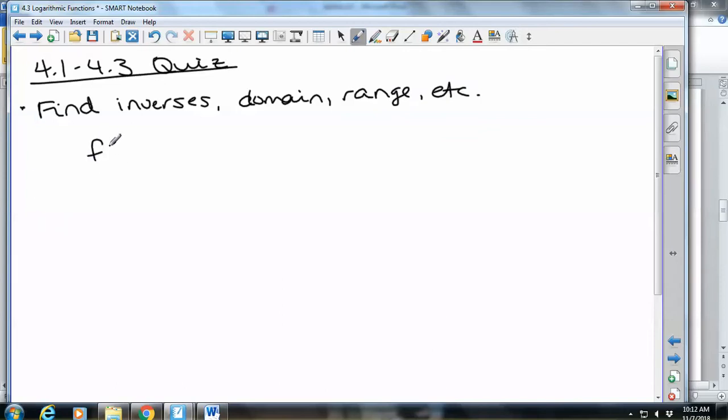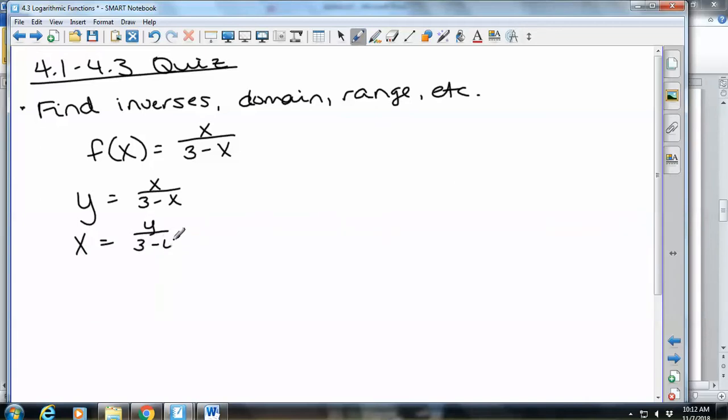Okay, so for instance, if I told you this was your function, and I wanted you to find the inverse of it, what would you do? Change your f(x) to y. Then what? Now what? Solve for y.